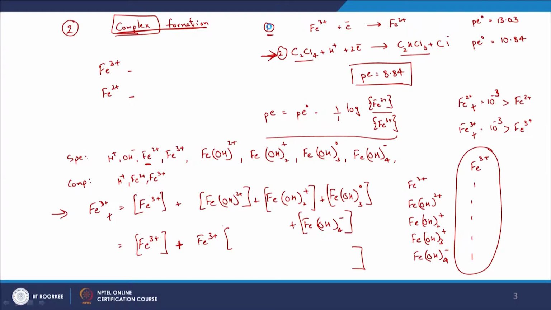Let us say I am trying to form FeOH twice plus. Here I am trying to have the protonated form of the ligand, H2O, and because it has to be direct, it has to be 2 here, so I am assuming it is going to be 2H+ here. Hopefully it is balanced out.